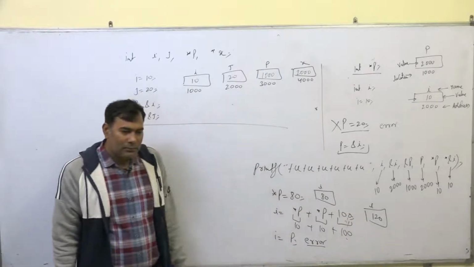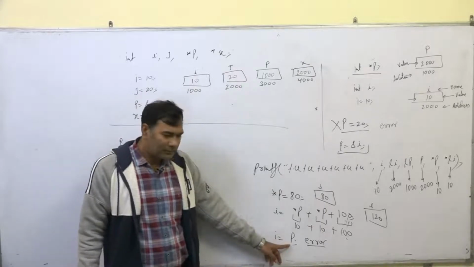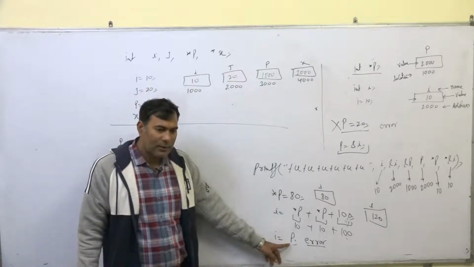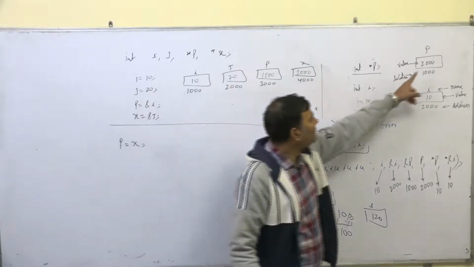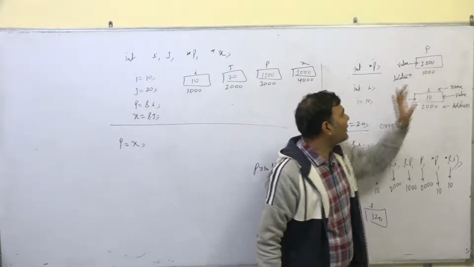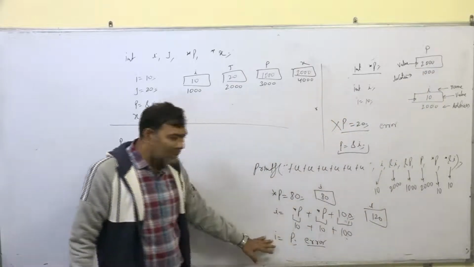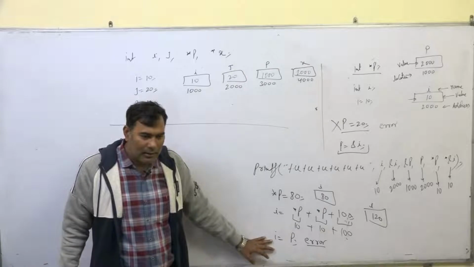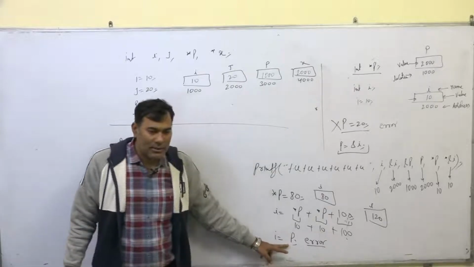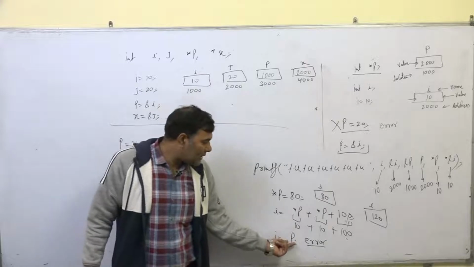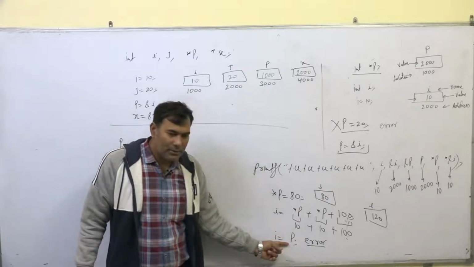I equal to P. Tell me the value of P. P means 2000. I means 10, P means 2000. So 2000 is going to be stored in I. But P holds an address, so this one is the address. So I cannot hold an address.